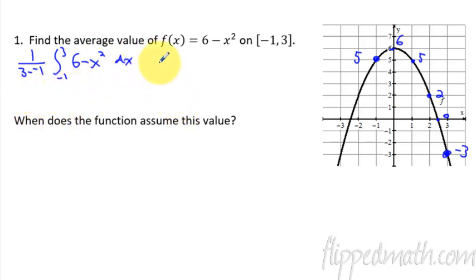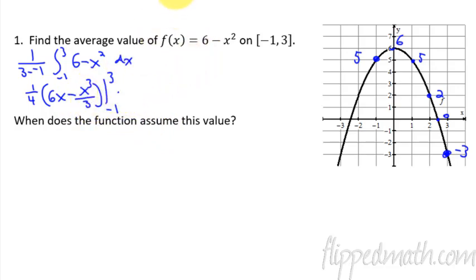Okay, so what does this equal? This is going to be 1/4, and then the antiderivative of this is 6x minus x cubed divided by 3, and then we're going to evaluate that from -1 to 3. So we'll plug in the 3 first, and then subtract the -1 plugged in.